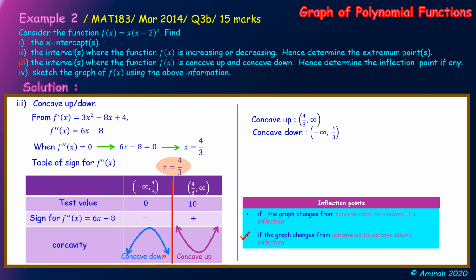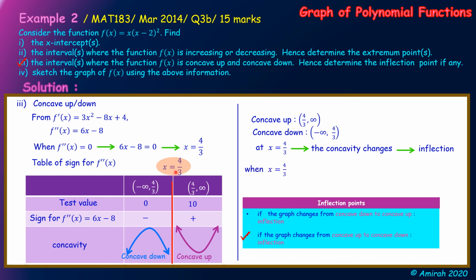So if the concavity changes from down to up or from up to down, we get an inflection point. So at 4/3, the concavity changes, which means we have an inflection point here.